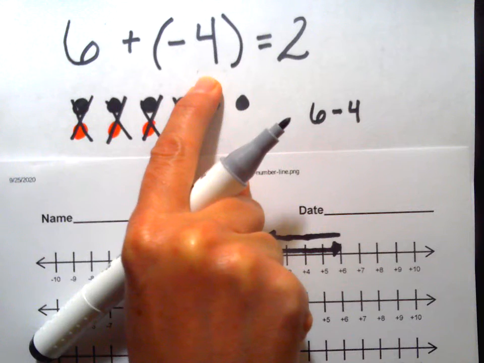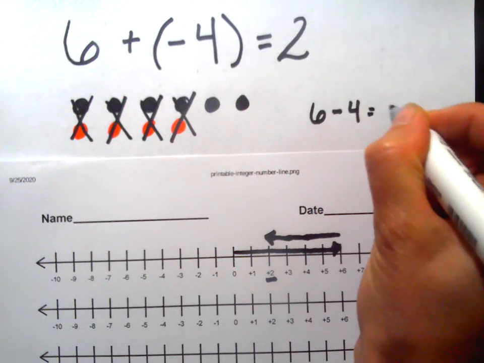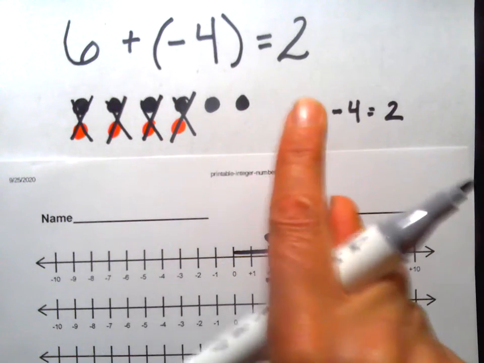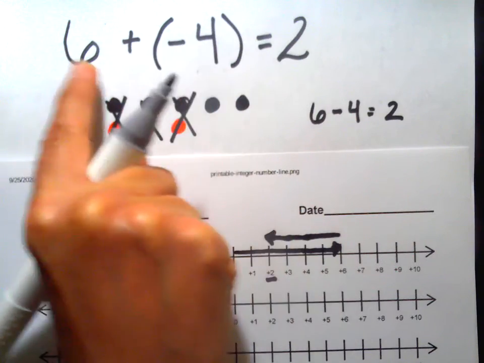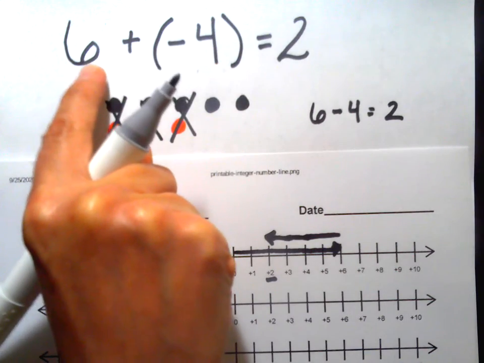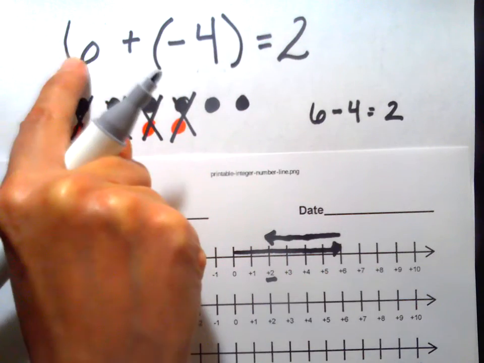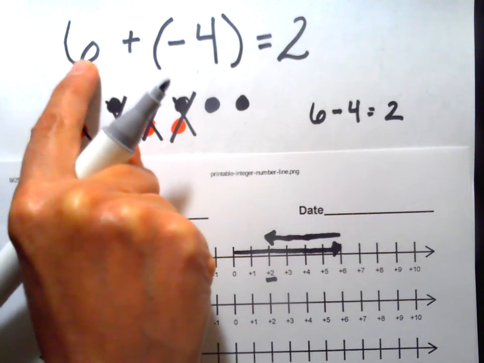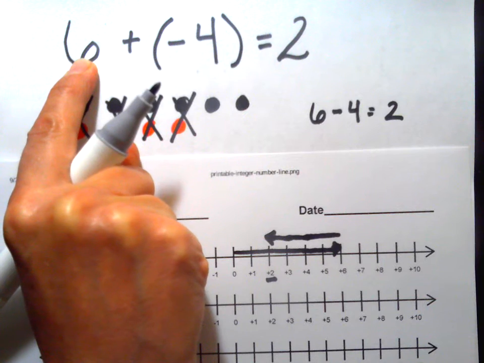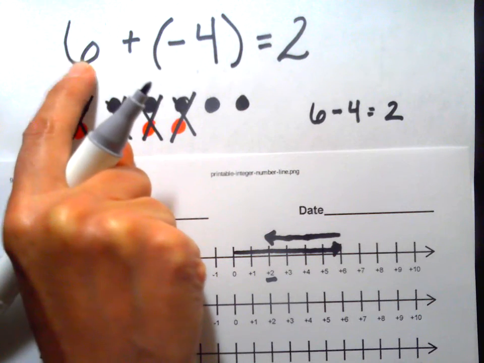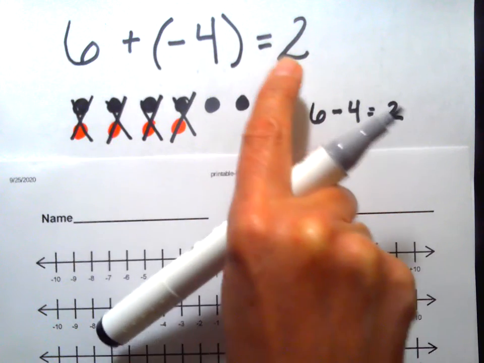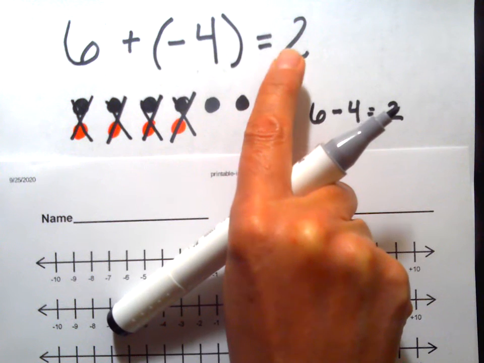We're just making it positive, equals 2. And then I say, which number is further from 0 on the number line? That one's 6 units from 0. That one's 4 units from 0. That's going to be the one that has more chips left over, the one that has a longer arrow. That's going to be the sign of my final answer.